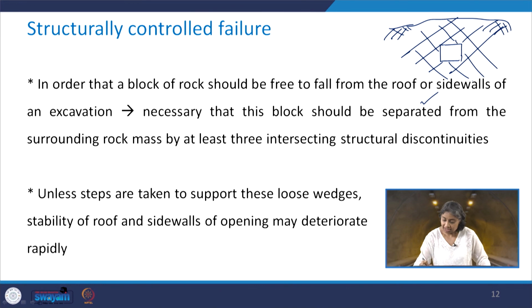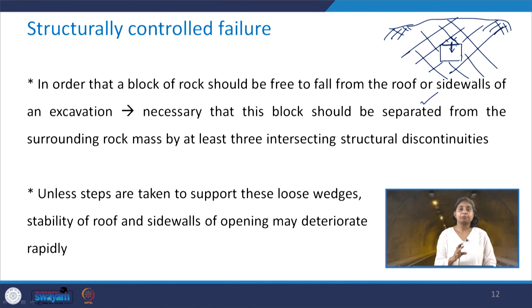You see that this block has 3 discontinuity planes, the first, second and third, which are created because of the excavation. So, if it has at least 3 intersecting structural discontinuities, only then can this wedge fall into the excavation from the roof, and similar is the condition for the side wall of the excavation.